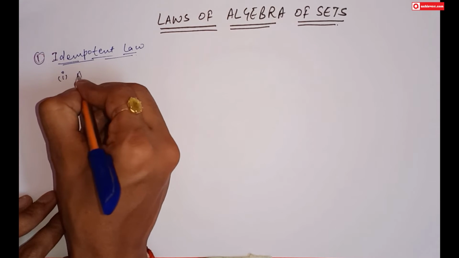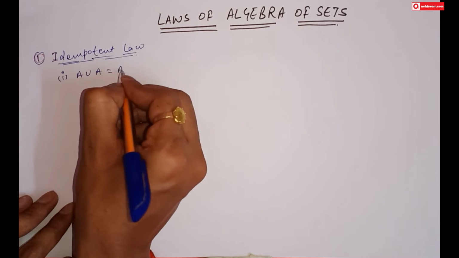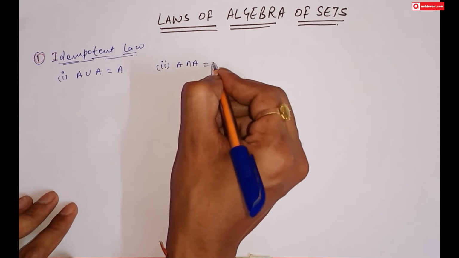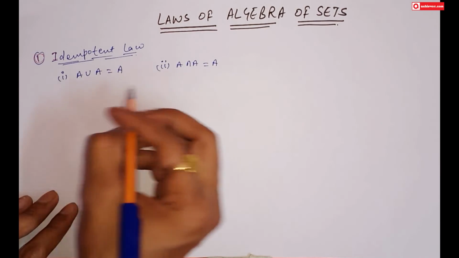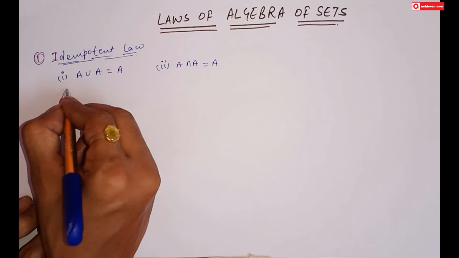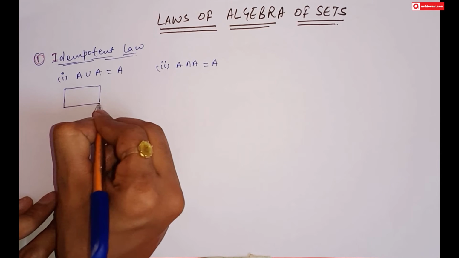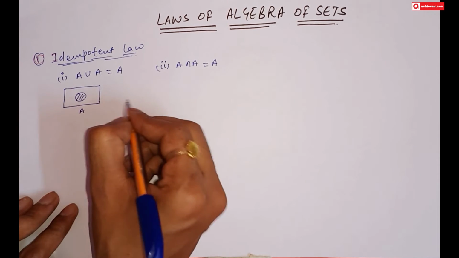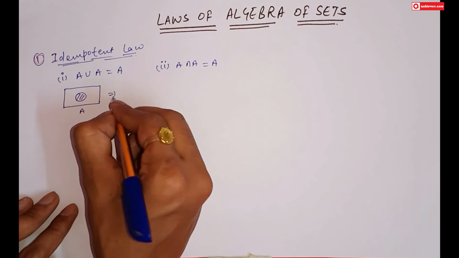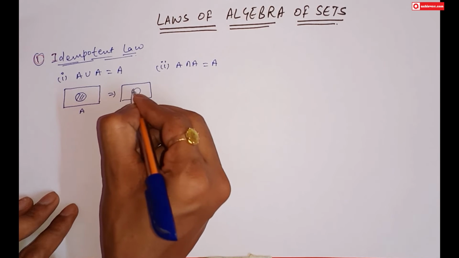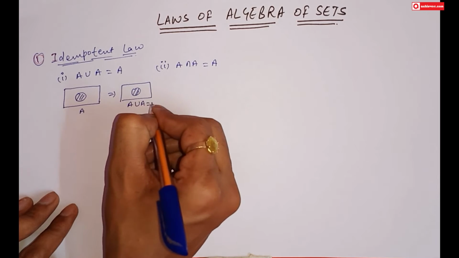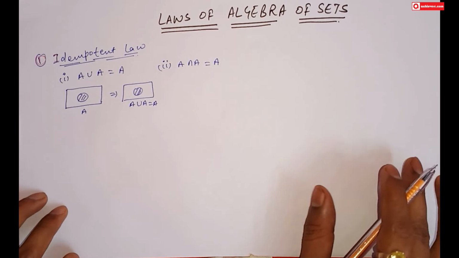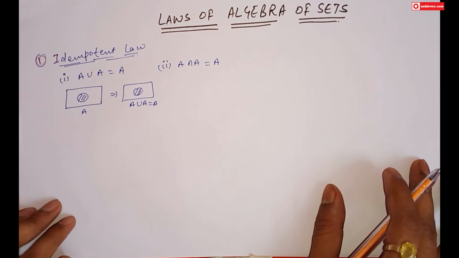The first one is A union A, it will always be A, and the second one is A intersection A, which will also be A. We can prove this by Venn diagram only. Suppose we have a set A, and we want the union of A with A. So what will A union A be? It will be the same, set A only. And similarly we can prove A intersection A. There is nothing more in it, you can do it at home.